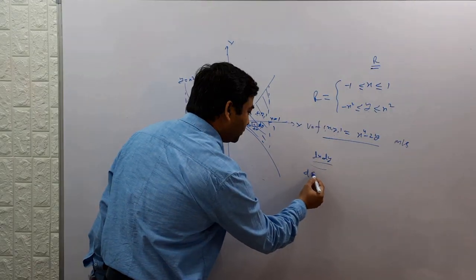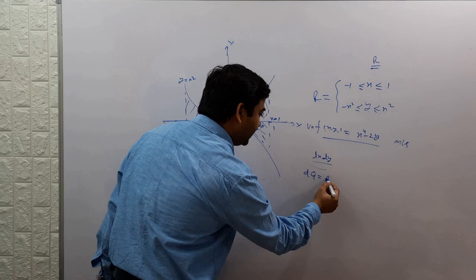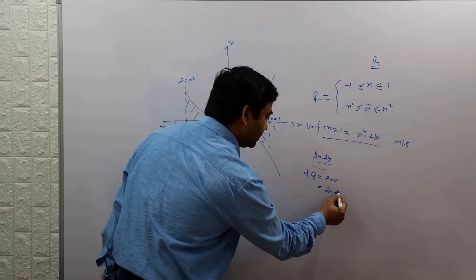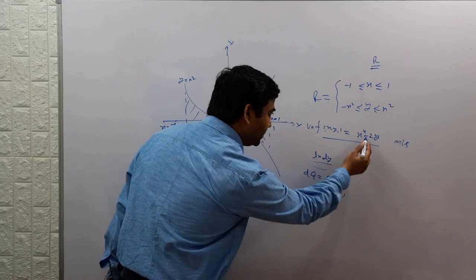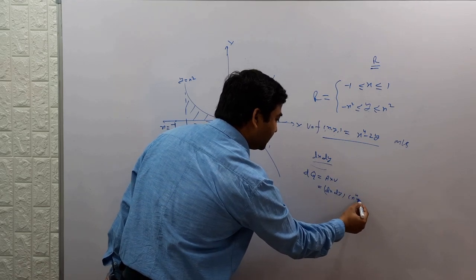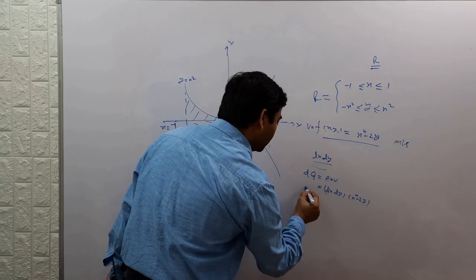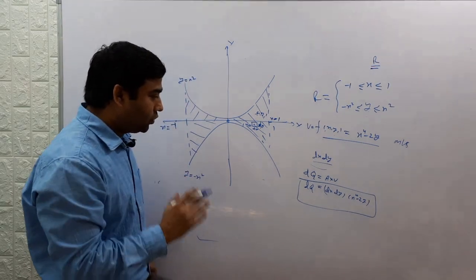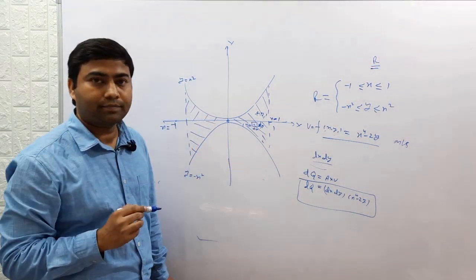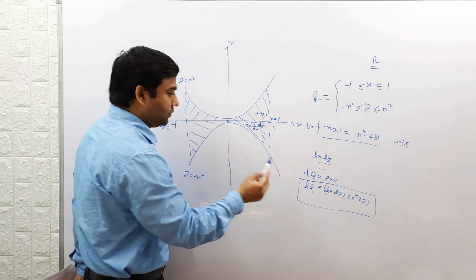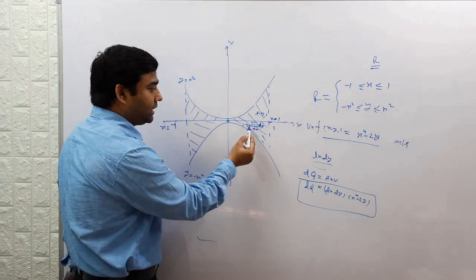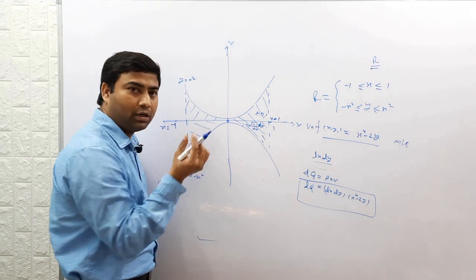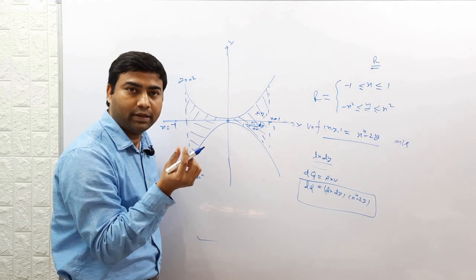So dq, the flow, is equal to area into velocity, which is dx dy times x to the power 4 minus 2y. So this is the flow through this small area, as we have assumed velocity at this point x comma y constant in this small area dx into dy.